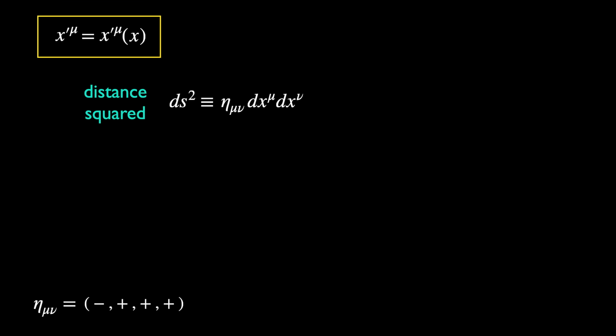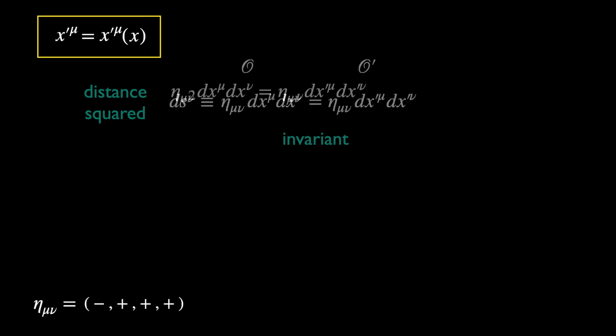Now let's examine how the invariance of ds² between two reference frames might constrain the coordinate transformation connecting them. The infinitesimal spacetime displacement dx' is related to dx by the simple rules of partial derivatives using the function above.